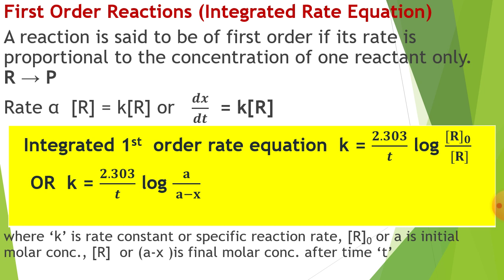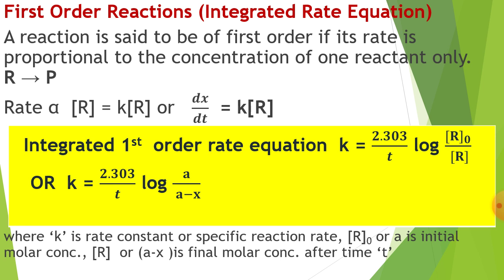Now you have to know about the integrated first order rate equation. That is the formula K equal to 2.303 by t log R naught by R. Or you can write this formula like this, K equal to 2.303 divided by t log a divided by a minus x.